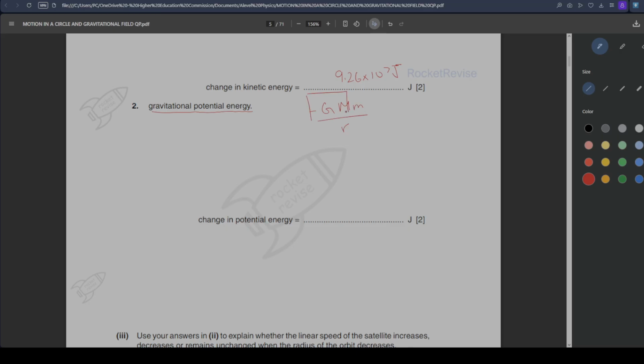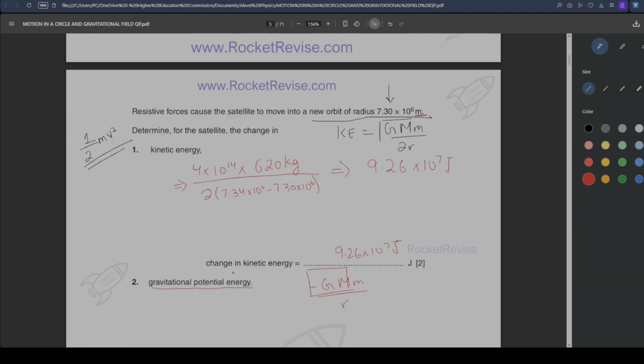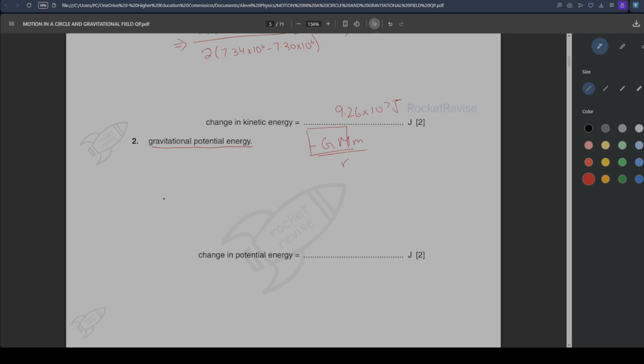The value of this portion is given above, again 4 into 10 power 14. So it's going to be 4 into 10 power 14 times the small m, which is 620, divided by again the change in radiuses. So that's going to be 7.34 into 10 power 6 minus 7.30 into 10 power 6. And let me just calculate this.